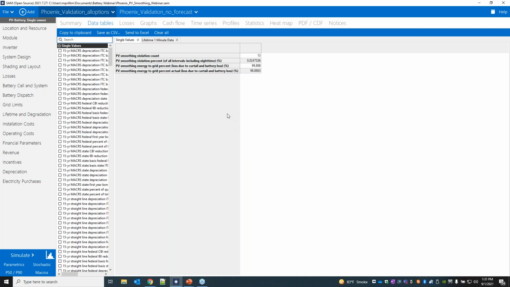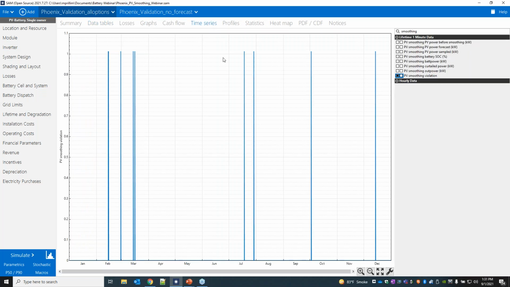And then we provide some additional outputs such as the energy to grid. Many of these can also be seen on the time series page, allowing you to see when the violations occur and some of the more detailed control variables used within the algorithm.